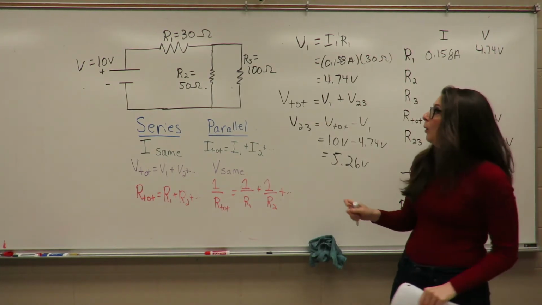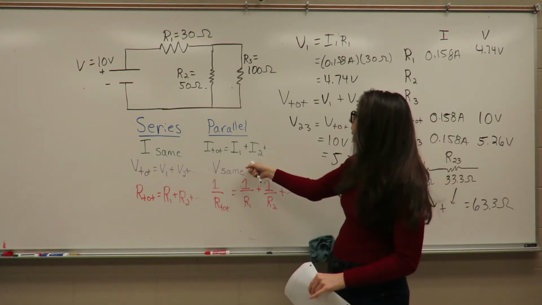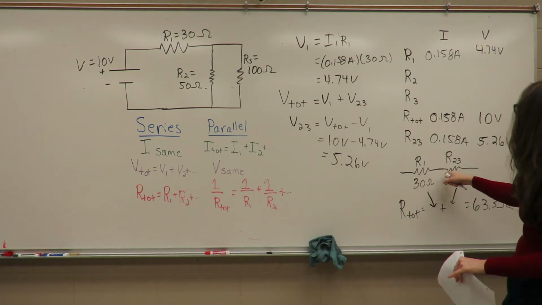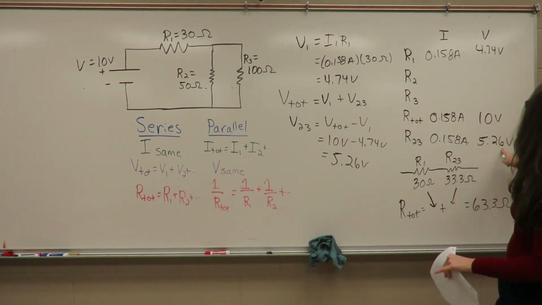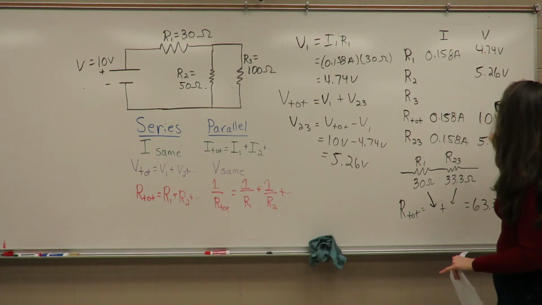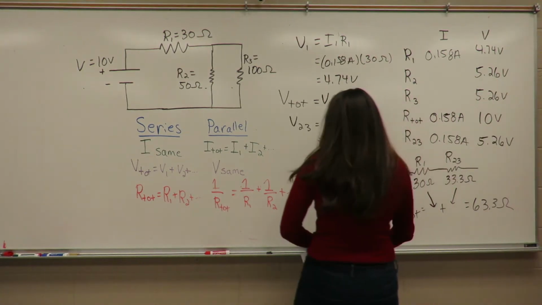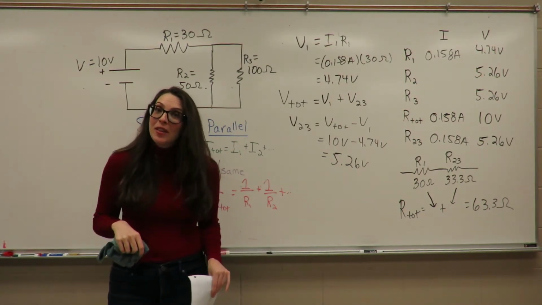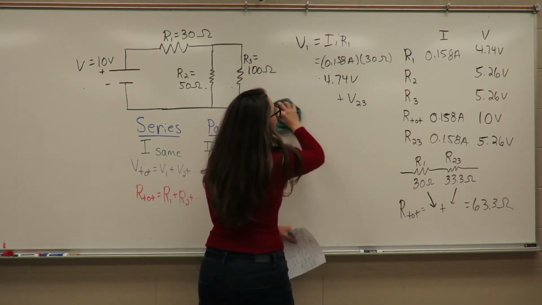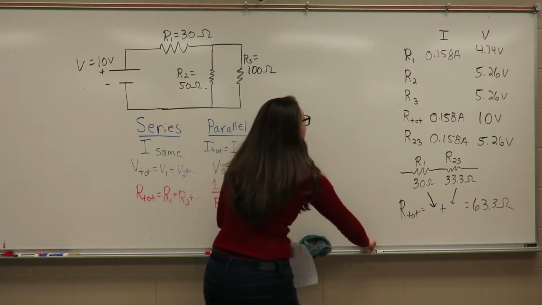Now, we also know that for resistors in parallel, the voltage drop across them is the same. So if the voltage drop across my equivalent resistor R23 is 5.26 volts, then that's the voltage drop across R2, also the voltage drop across our R3. All right, now I can use that information in order to figure out the current running through resistor 2 and resistor 3.